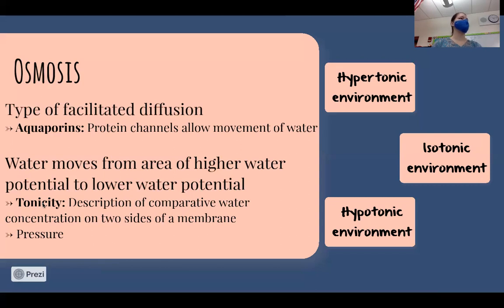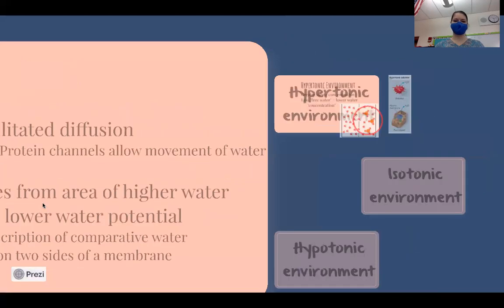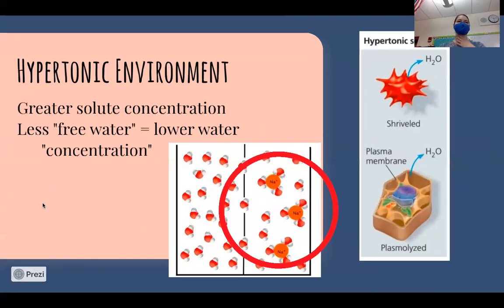So when we talk about tonicity, we're talking about a comparison term. We're comparing two sides of the membrane and saying, where are the solutes? So let me give you an example. A hypertonic environment, hyper means higher than. So the hypertonic side is the side with a higher tonicity.